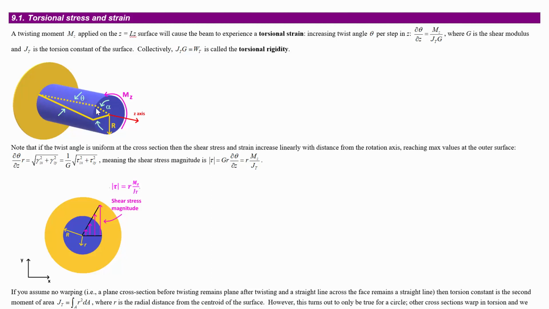So we've got this step, the displacement in this direction, divided by the original length is the shear strain, in the same way that an axial strain would be the displacement in the length direction divided by the original length. And this distance is going to be larger depending on what r you're at. So the places near the center are not going to have nearly as much of a step there, so they have much less shear strain and much less shear stress.